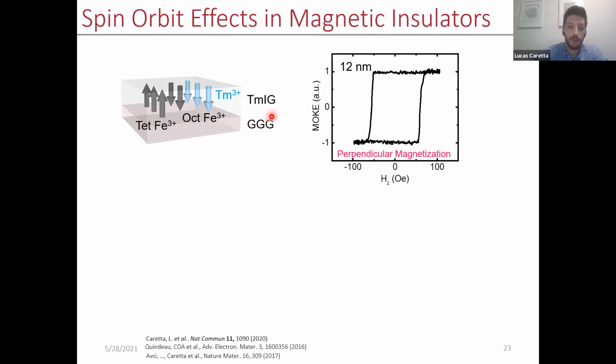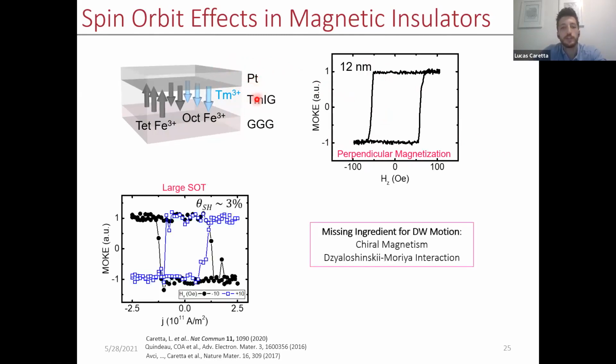So for example, we can use strain from substrates to induce perpendicular magnetization through magnetostriction in these materials. We can even grow heavy metal overlayers and induce very large spin-orbit torques in these systems, large enough that we can actually switch the magnetization and generate torques that are very similar in magnitude to traditional metallic systems as well.